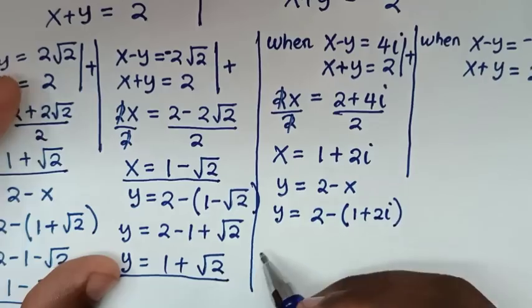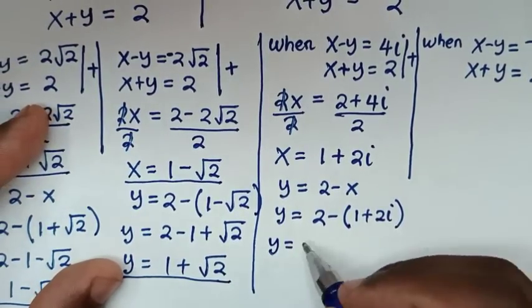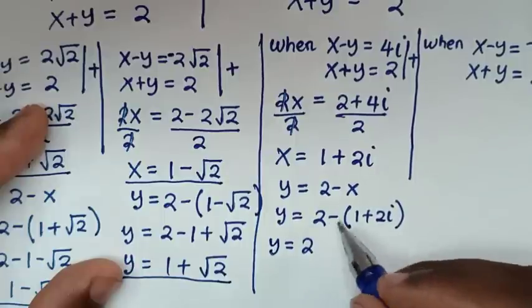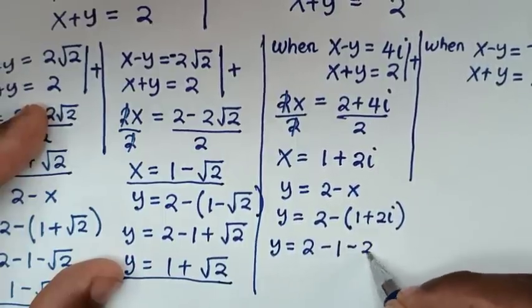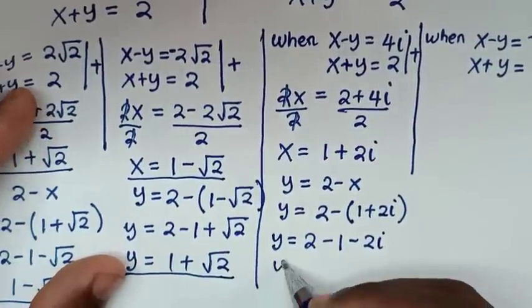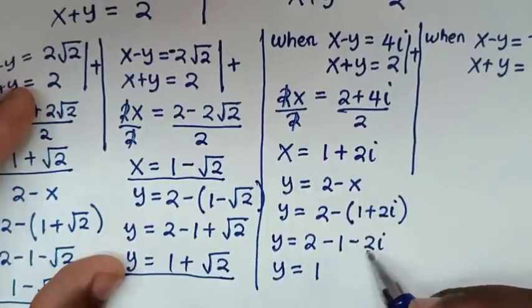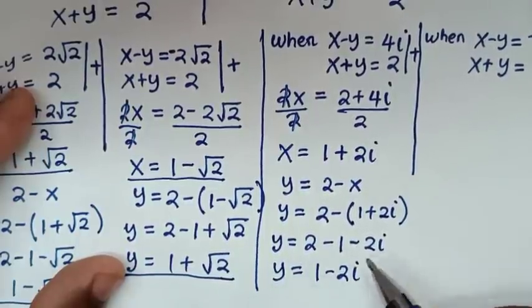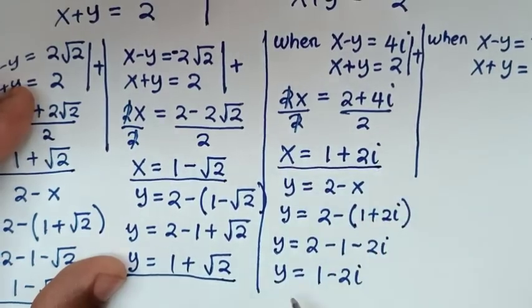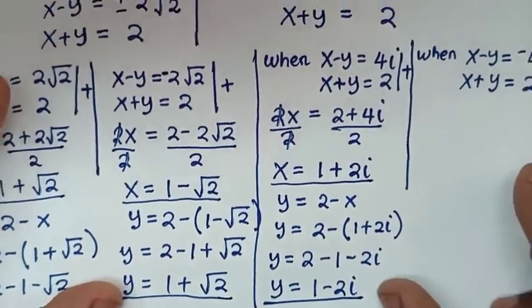Then y is equal to 2, we open the bracket by negative, minus 1 minus 2i. So y is equal to 2 minus 1 is 1, then minus 2i. So this is the value of x and this is the value of y.